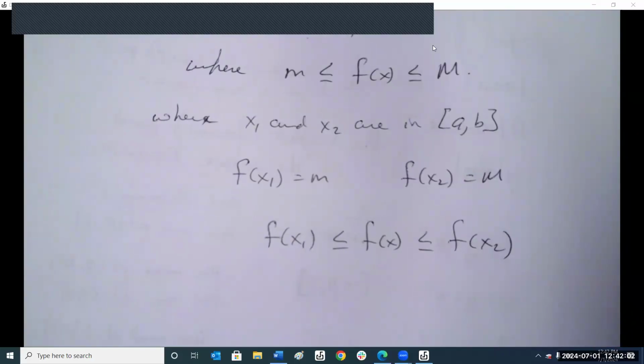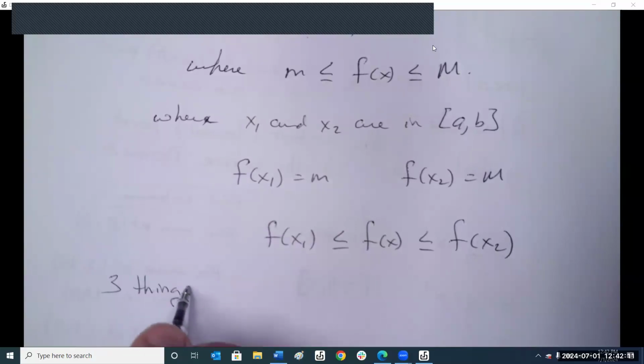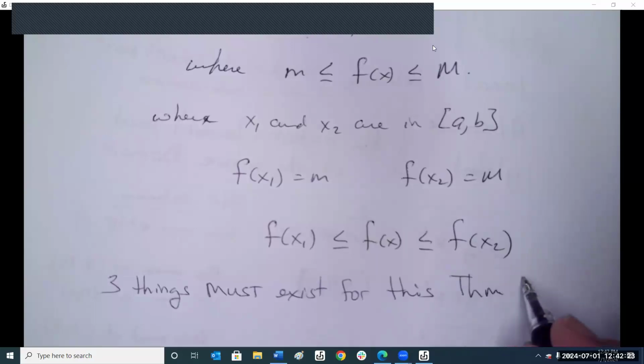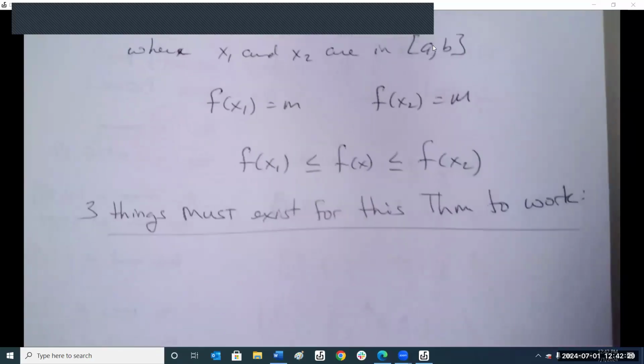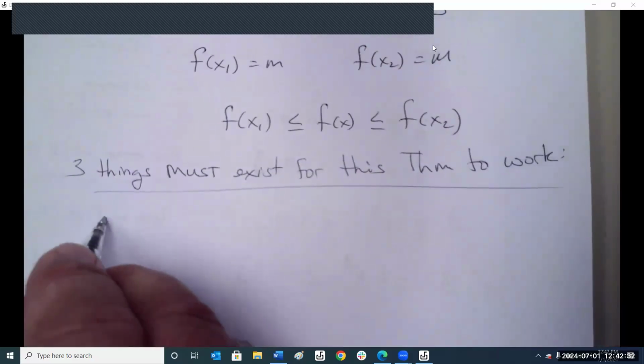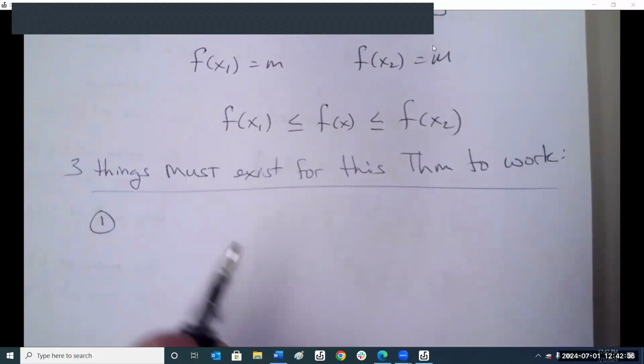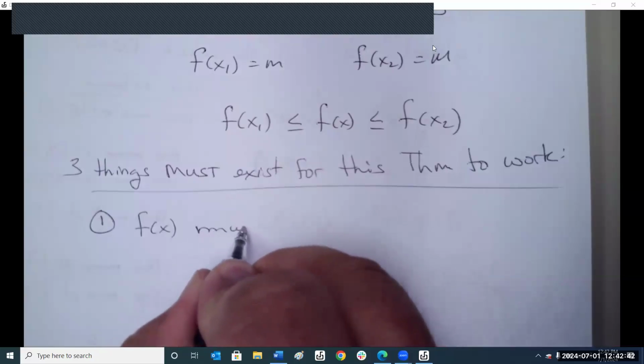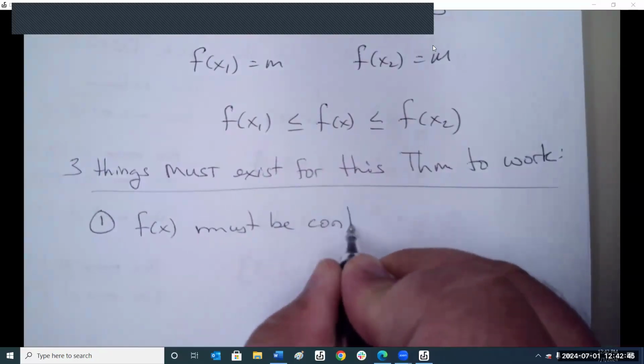So three things must exist for this theorem to work. f of x must be continuous.